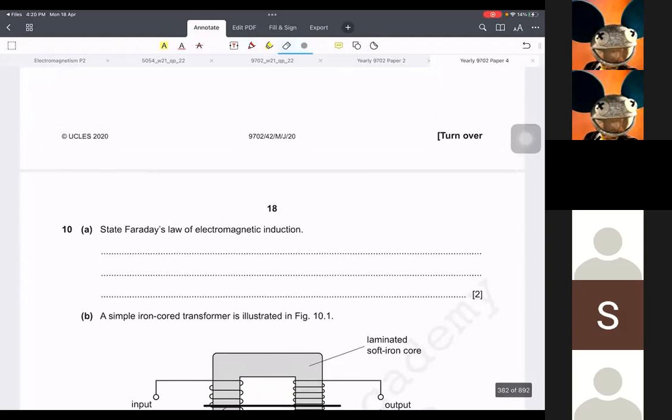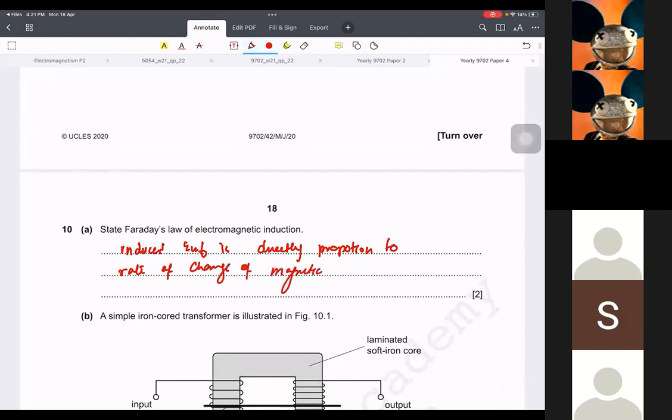Now state Faraday's law of electromagnetic induction. Induced EMF is directly proportional to rate of change of magnetic flux linkage. It's like that, okay?